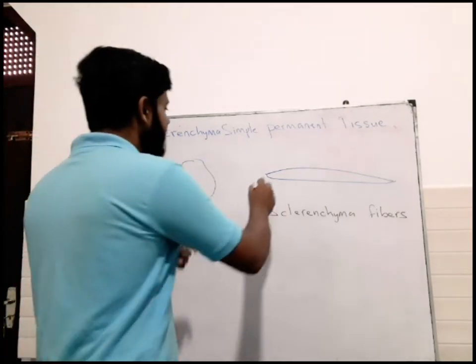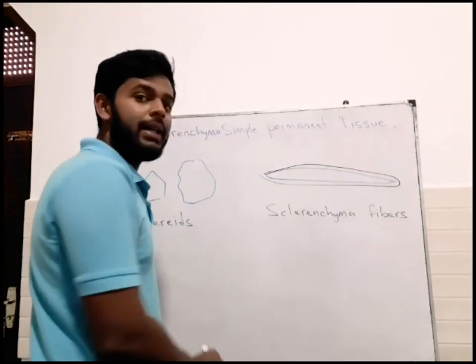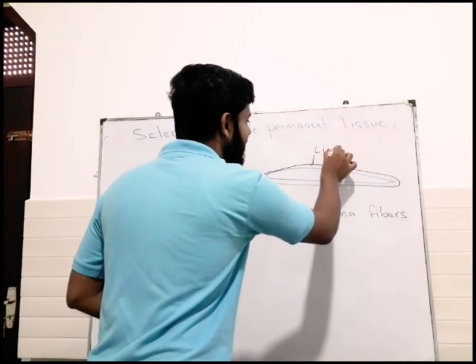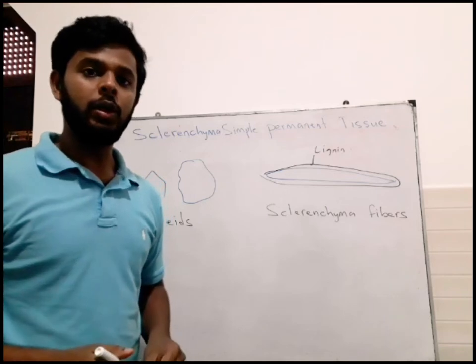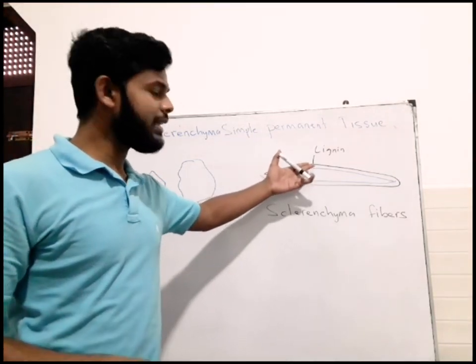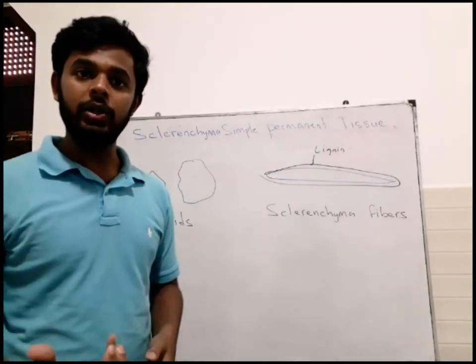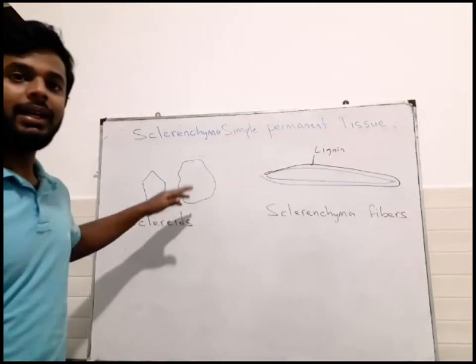Here in sclerenchyma tissue, a secondary cell wall is formed. This secondary cell wall is made of lignin, which is impermeable to water. Due to this impermeability, the sclerenchyma cells become unable to absorb water for their survival, and they become dead cells.